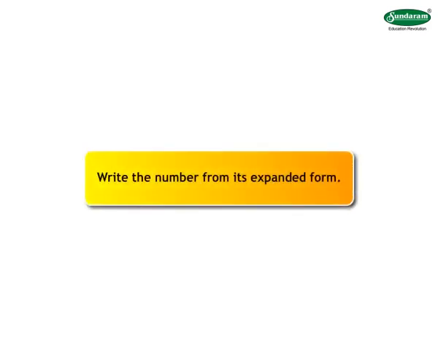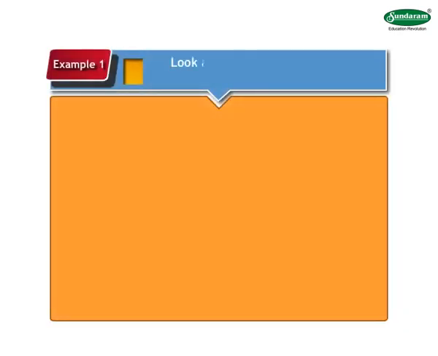So far we have seen how to write the given number in the expanded form. Now we will see how to form the number when its expanded form is given. Look at the expanded form 40 plus 9. Write the number. Here we have to go in the reverse order.